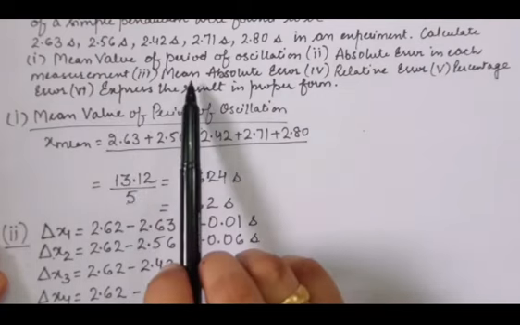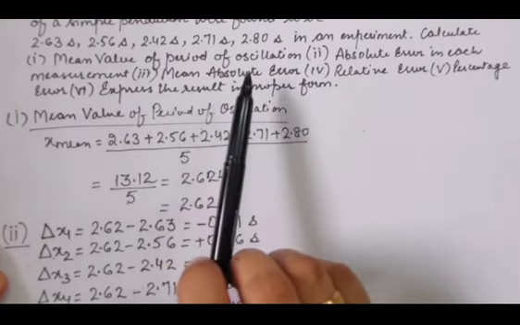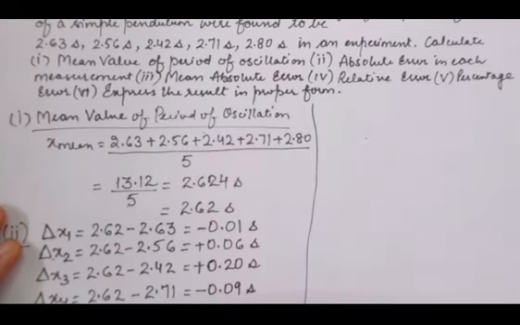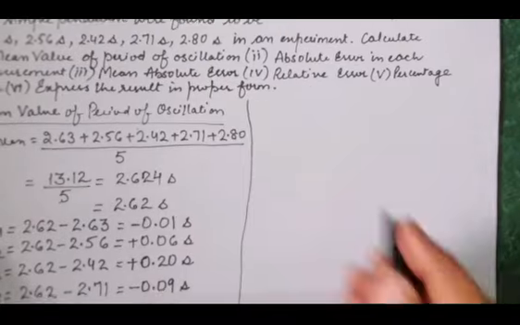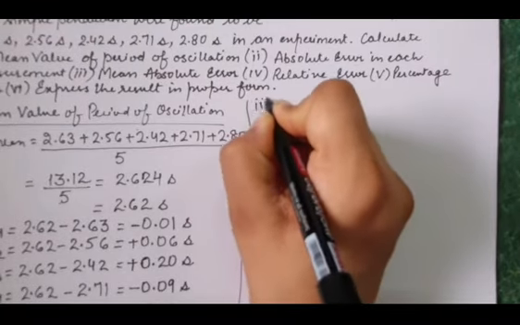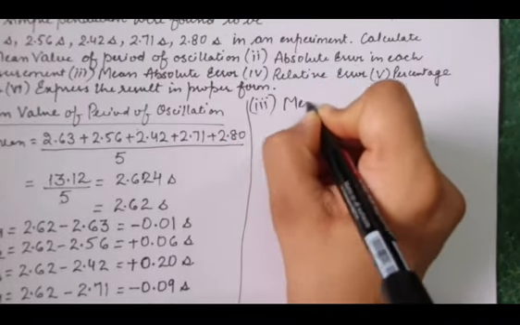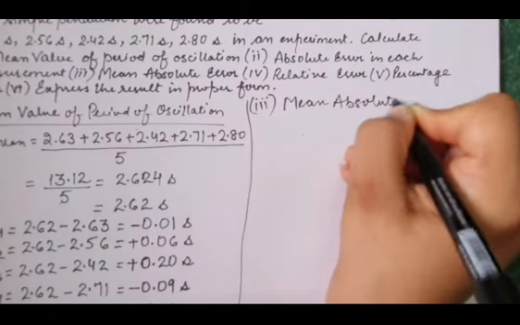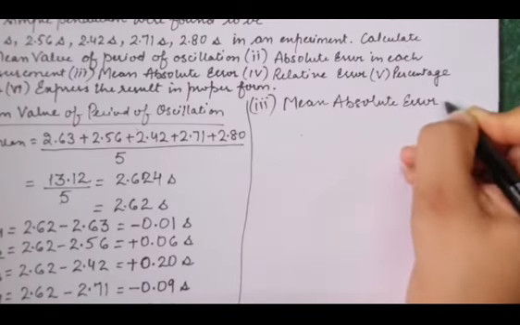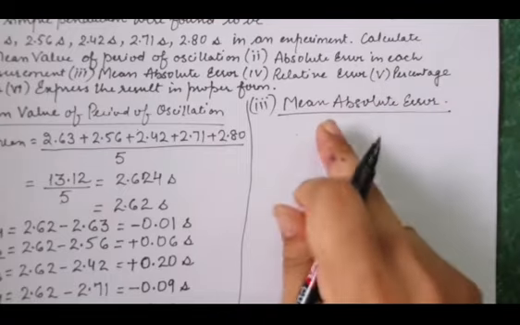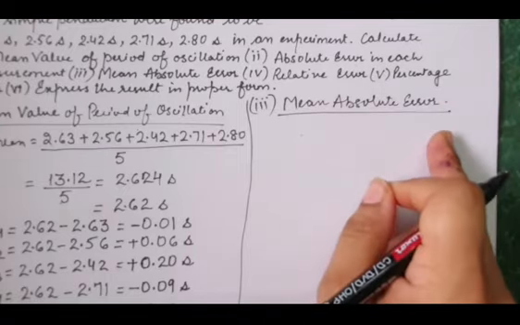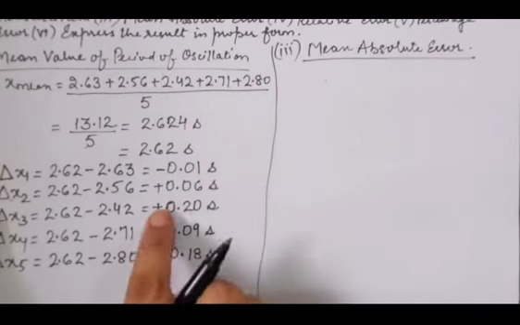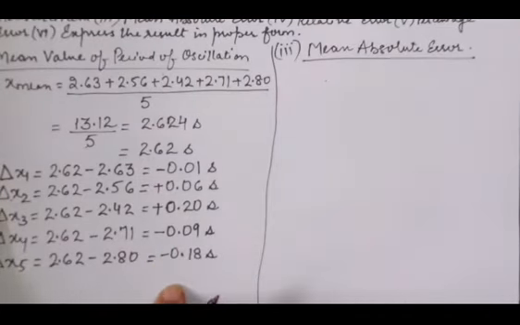So we have calculated the second part, the absolute error in each measurement. Now let's find the third part, the mean absolute error. While taking the mean of the absolute errors, we will add all these errors and ignore the sign, whether it is positive or negative.